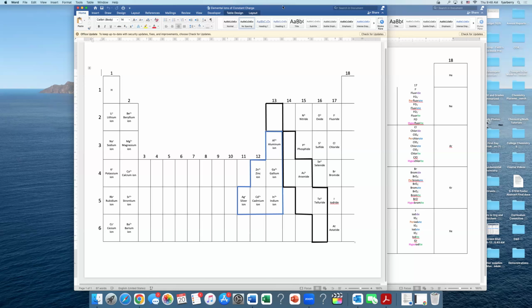And it also lists the monoatomic anions, which are your nonmetals and some of your metalloids. What it does not list is the monoatomic cations whose charge varies depending upon the anion they are associated with.